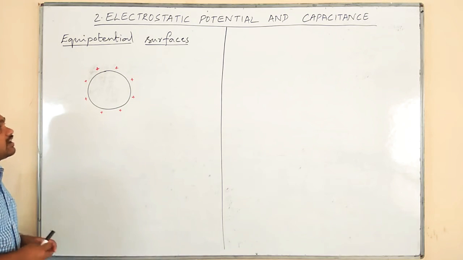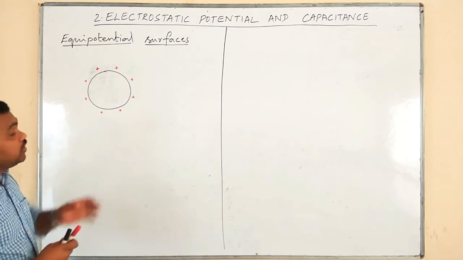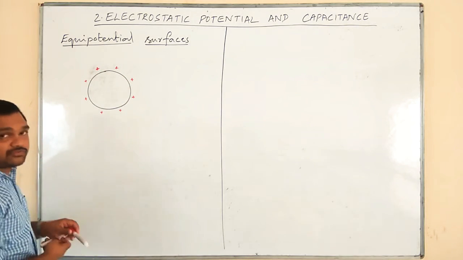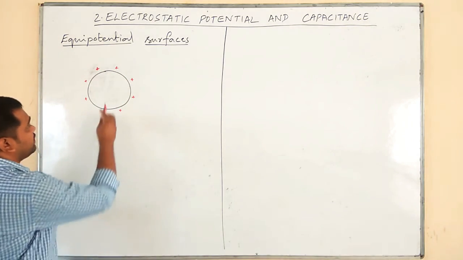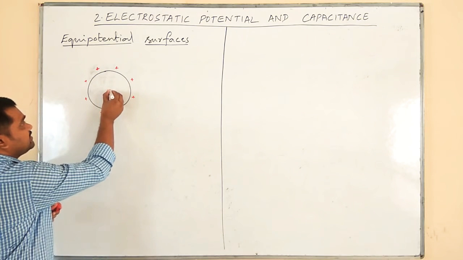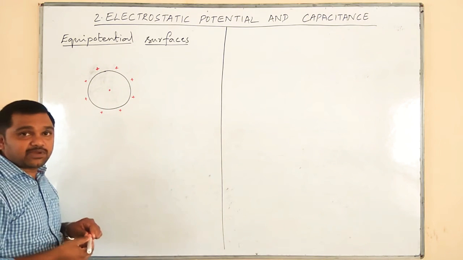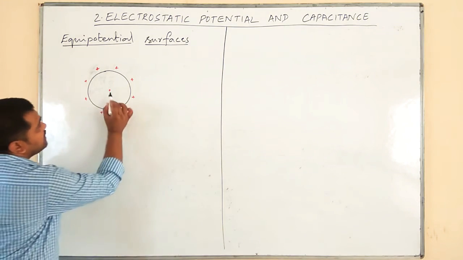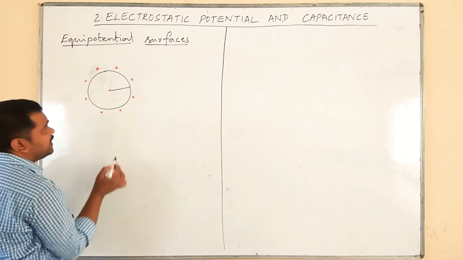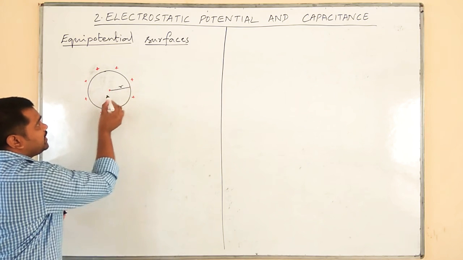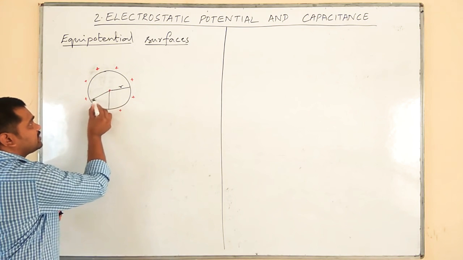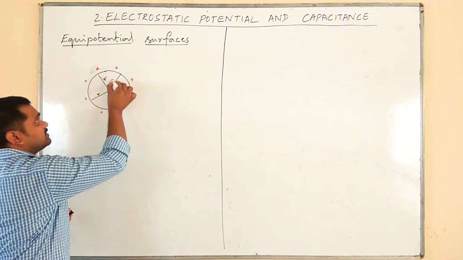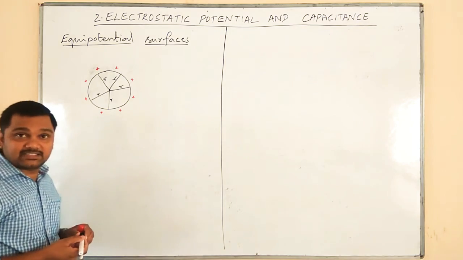According to the shell theorem, though the charges are present on the surface, we have to imagine them exactly at the center, just like the concept of center of mass. Since it is a hollow sphere, each and every point on the surface is at the same distance, that is nothing but the radius.